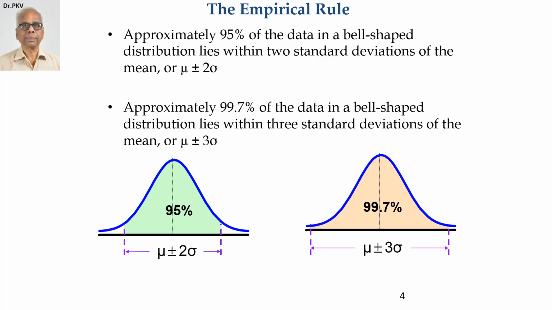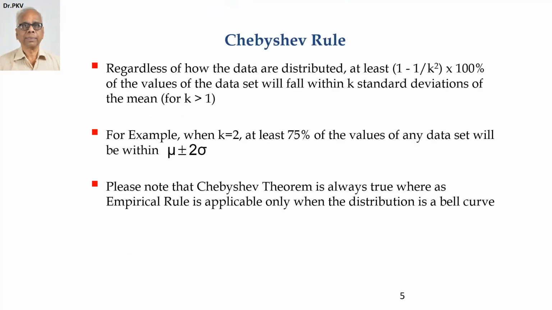Now, there is another interesting theorem, which we call a rule, Chebyshev's theorem. We call it Chebyshev's Rule. The mathematician discovered that it is a mathematically proven theorem. It is not empirical. It is always true.